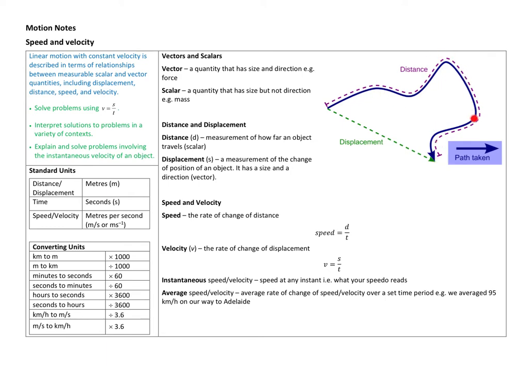The direction is not critical there, whereas our displacement would be how much our position has changed from where we started. So that green line represents the change in position, which is our displacement. It has a length or a size or a magnitude, but it also has a direction.